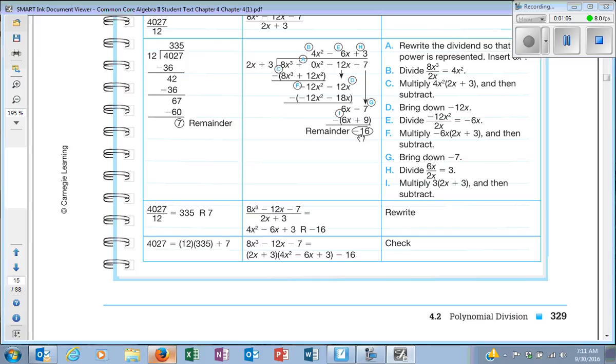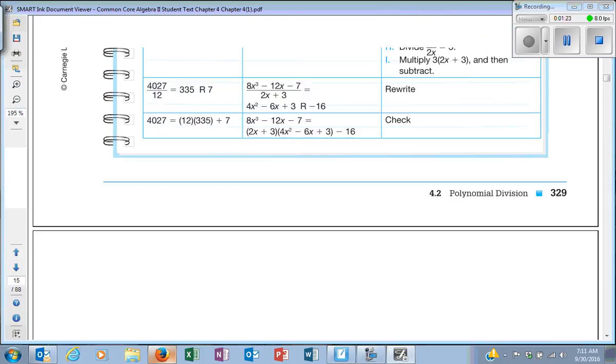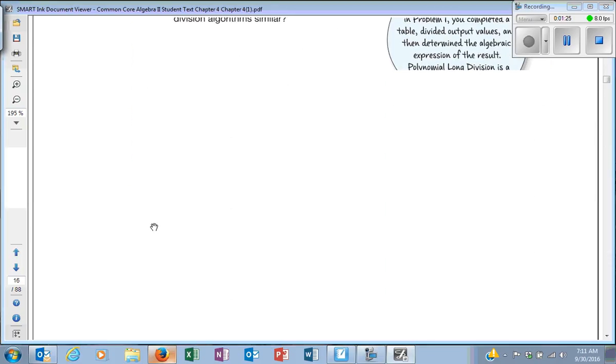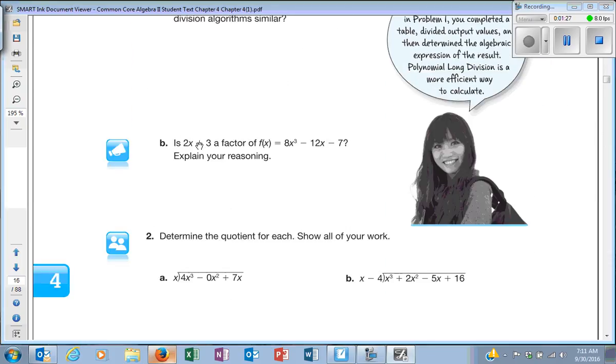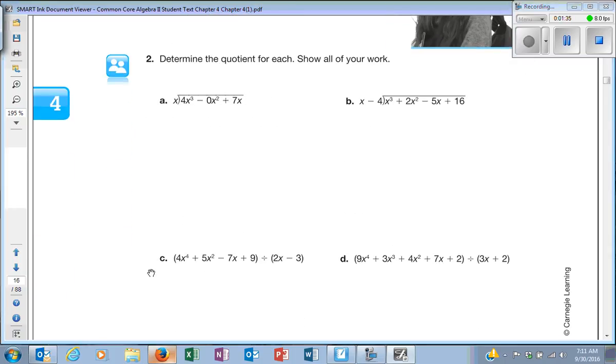When we say evenly we mean everybody gets the same amount. I'd rather you say it goes into it perfectly. So that just means that there's no remainder. And since we have a remainder here, we know that this is not a factor of that, and the reason why is because it has a remainder left over. Follow me? All right.